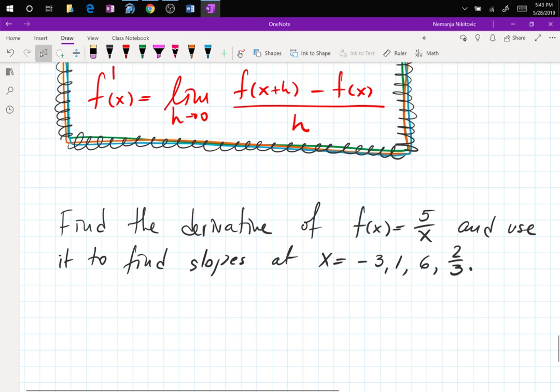Should we do the correct way to cancel out five over x's? You have to combine them. You'll have a double fraction. It's the same as the one that you had for the homework last week. I don't think I did that.